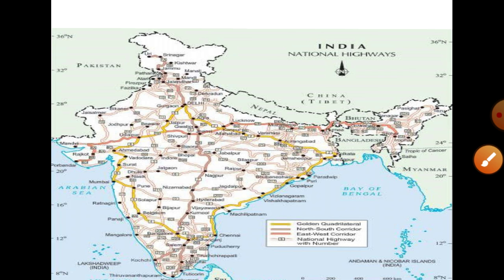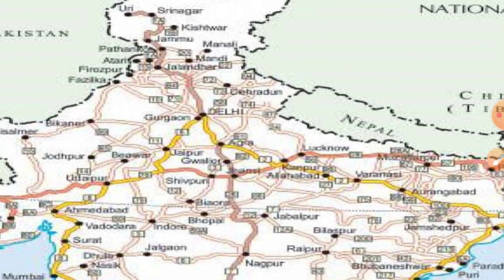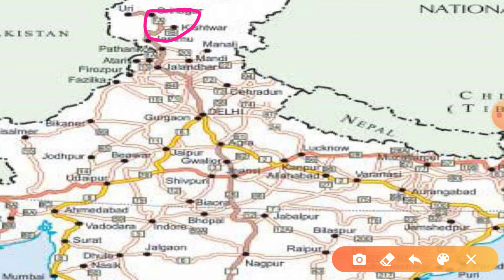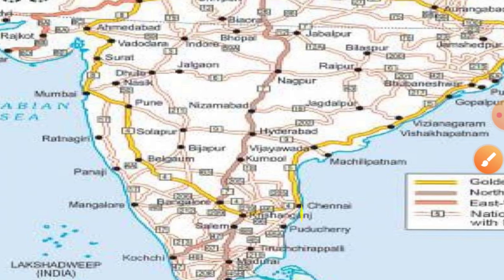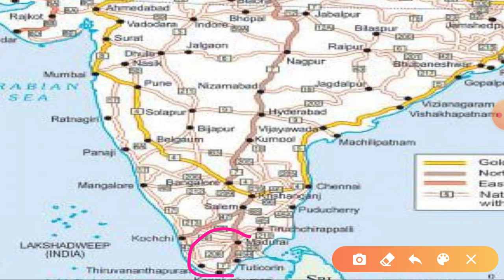As you can see in the given map, the north to south corridor starts from Srinagar. So from Srinagar to the Kanyakumari in Kerala.